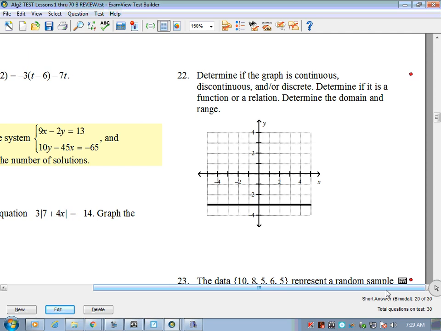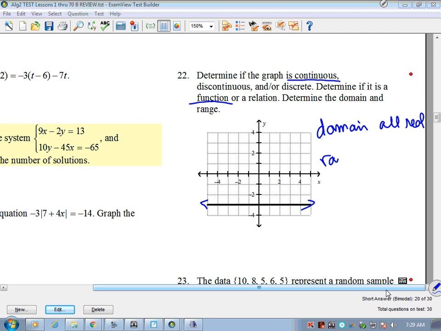All right, determine if the graph is continuous or discontinuous. First off, it is continuous. There are no breaks or pauses in it. Is it a function? Yes, it passes the vertical line test, so it's a function, not a relation. Domain and range, this is a little different than the other one we looked at. Our domain is the set of x values that it contains. It's going to go on forever, left and right, so we're going to say all real.